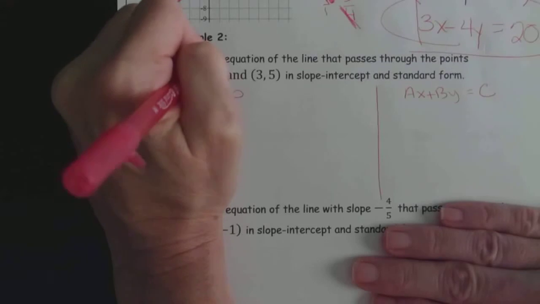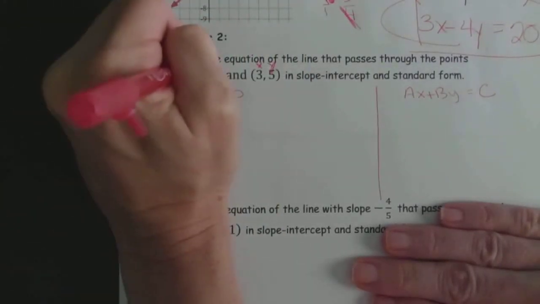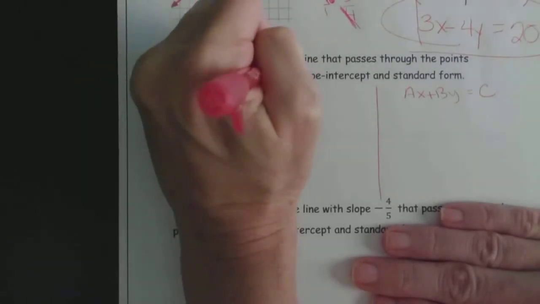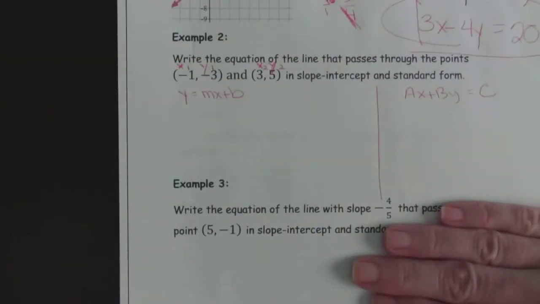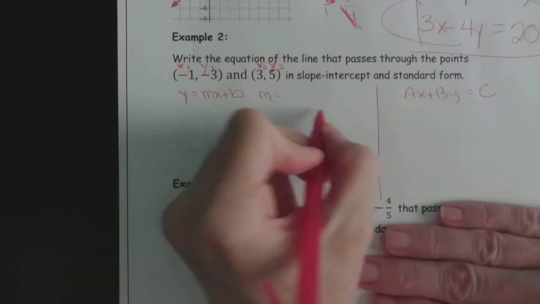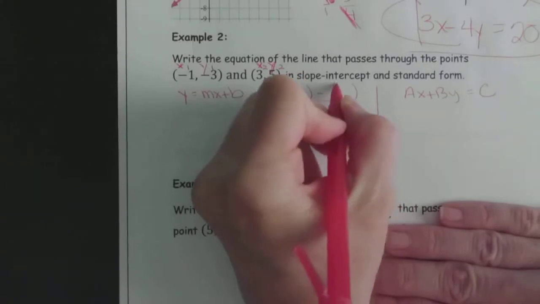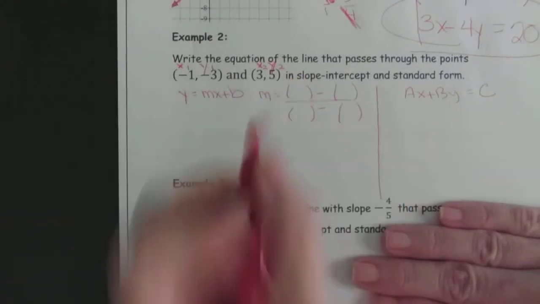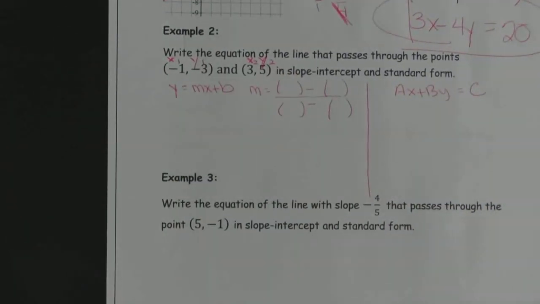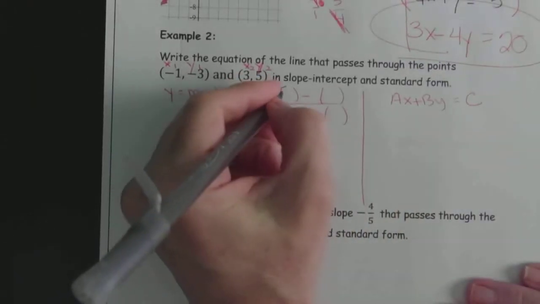Okay, here we go. In order to get to slope-intercept form from two given points on the line, we first start by marking our x's and y's. First set, second set. And from that information, we will get slope. So let's go ahead and do our slope formula.